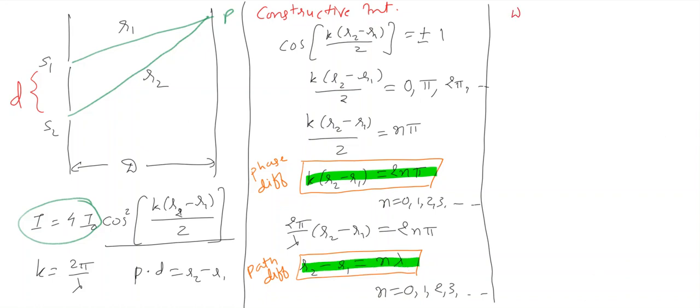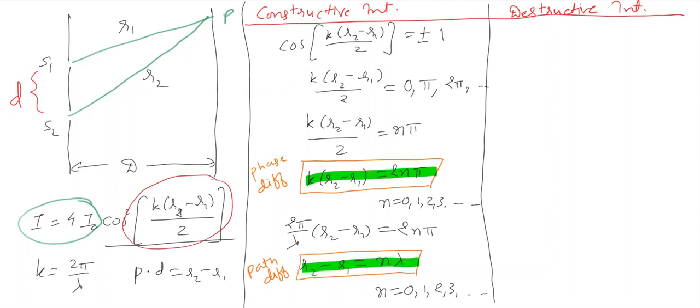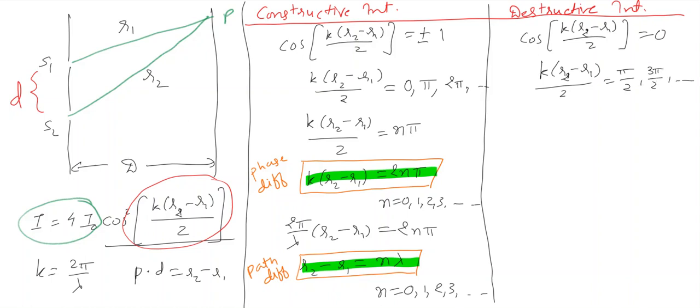What about destructive interference? So for destructive interference, the intensity has to be 0. And when will intensity be 0? Intensity will be 0 when the cos term becomes 0. So I have to have this value, the cos square term, 0. So let me compare it with 0. So if cos k (r2 minus r1) by 2 is 0, then intensity will be 0. Now cos theta will be 0 when theta is either pi by 2 or 3 pi by 2 or 5 pi by 2, and so on.